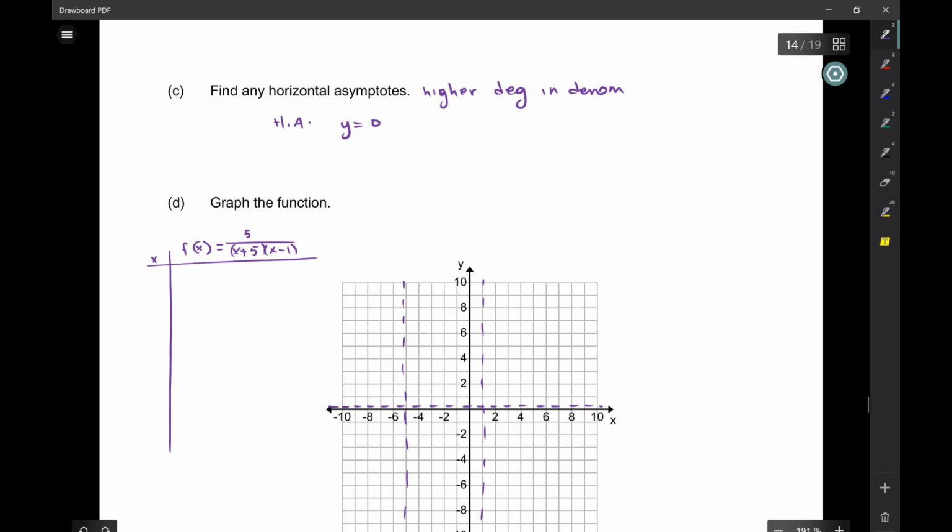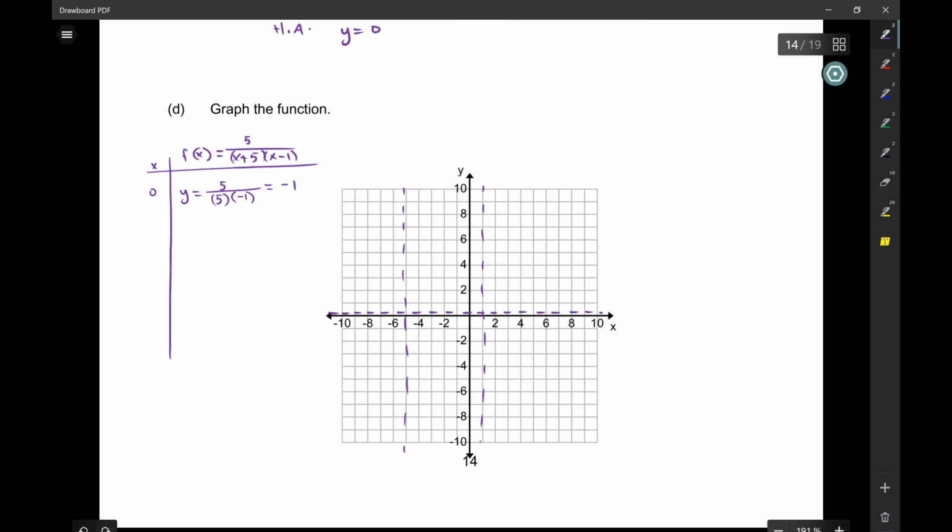So when x is 0, y is 5 over 0 plus 5, which is 5, times 0 minus 1, which is negative 1. So that's negative 1. Can I plug x equals 1 in there? No. Why not? Because that's a vertical asymptote and nothing works there.